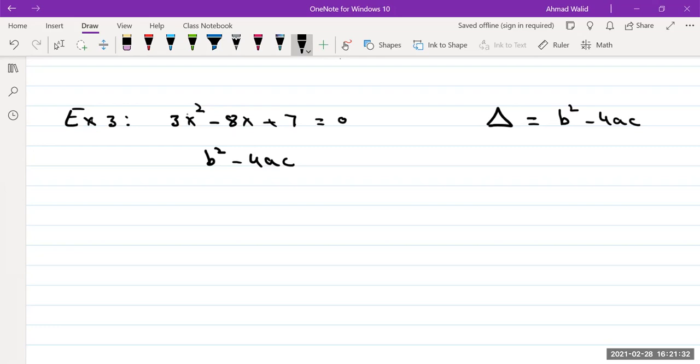But right now, let's go back to the problem. B squared, negative 8 squared, minus 4 times a, 3, times c, 7. Negative 8 squared gives you 64. Minus 4 times 3 gives you 12. 12 times 7, 84.